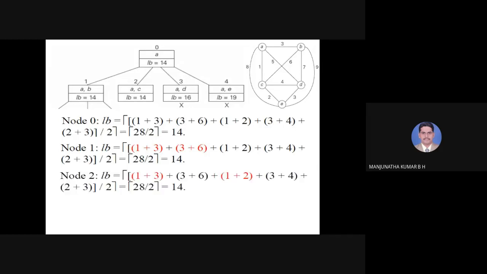Now let me explain LB of node 2. When I consider node 2, I have taken two vertices, A and C. Now in the equation I need to make changes only in the sum distance term of A and the sum distance term of C. You can observe in the equation I have shown those terms in red color.